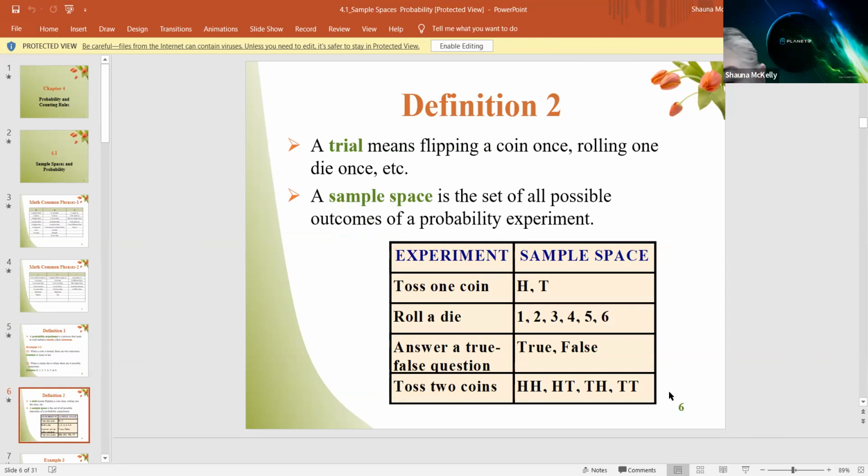But these are all the possible outcomes. So if you toss one coin, on any single trial, you're either going to have heads or tails. But these are your sample spaces, heads, tails. Rolling one die, 1, 2, 3, 4, 5, 6. Answering a true false question, you either get true or false.